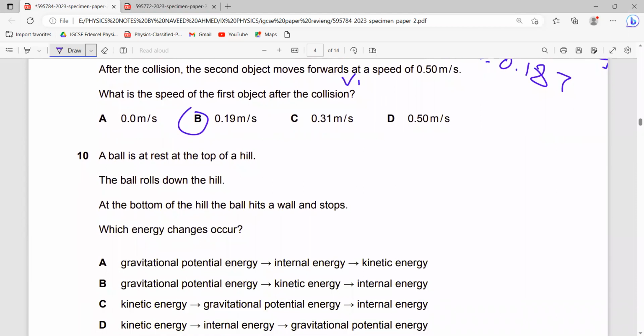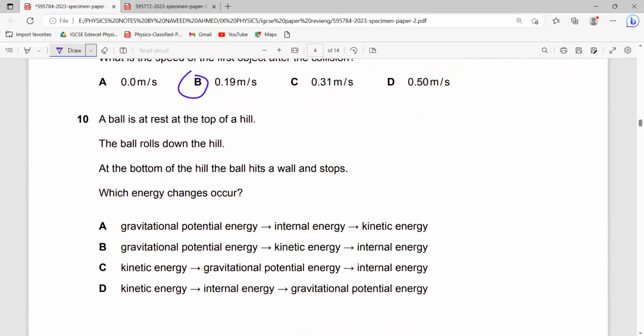In question number 10, you will see a ball is at rest at the top of a hill. The ball rolls down the hill. At the bottom of the hill, the ball hits a wall and stops. Which energy changes occur? At the top, its energy will be in the form of gravitational potential energy, and when it starts to move, this will change to kinetic energy, and when it hits the wall, it will transfer some energy to the wall and some to the surroundings.